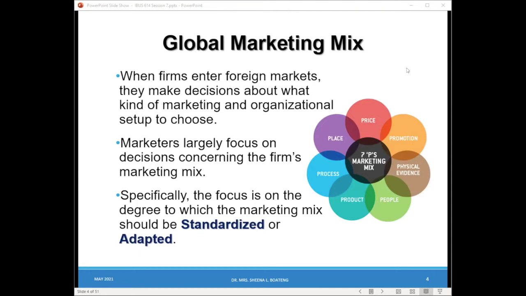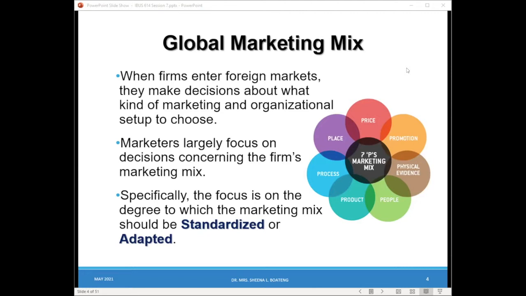So specifically, we are saying that when it comes to these marketing mix elements, they should either be standardized or adapted per global marketing literature, depending on the focus of the organization and what their preliminary analysis tells them about the markets that they want to enter into.